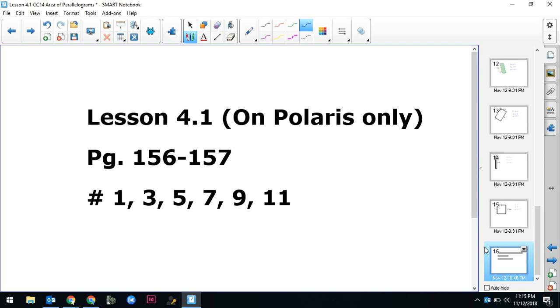You need to make sure you get on Polaris only. You can see the pages and the problem numbers there. And then when you're finished, you need to go back to the selected answers on Polaris and grade that using that link. Please, let's pause the video on this screen so we can write down our I assignment and get started on math time. Have a good day.